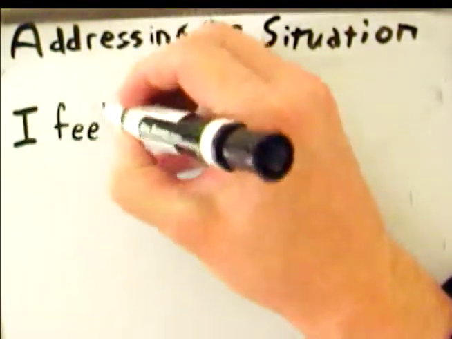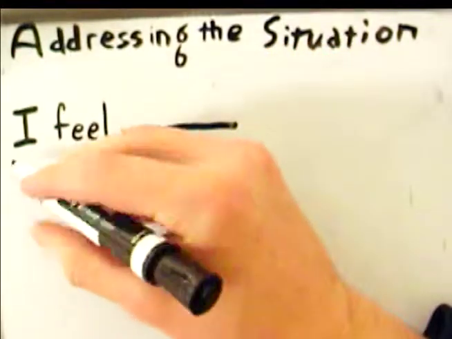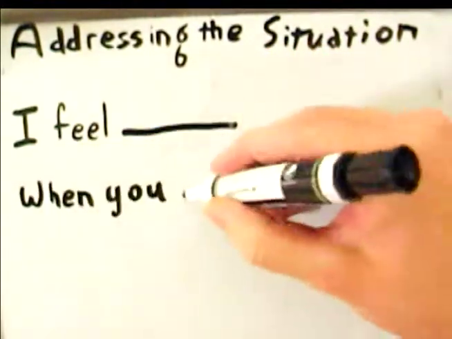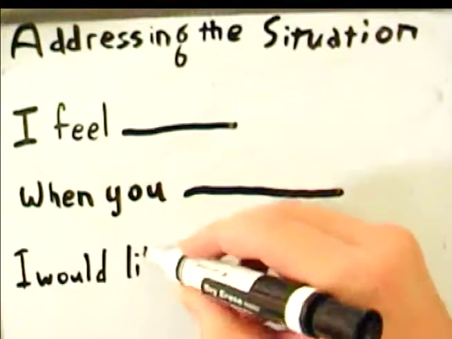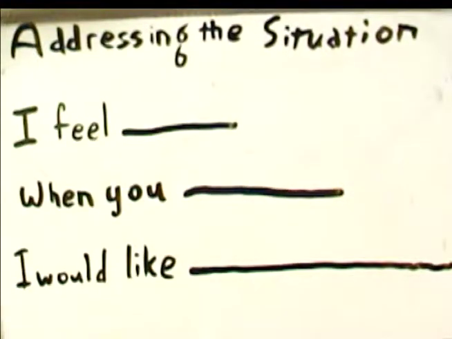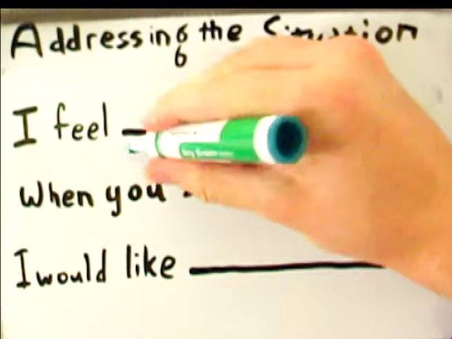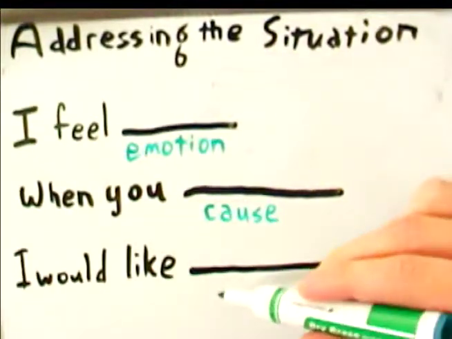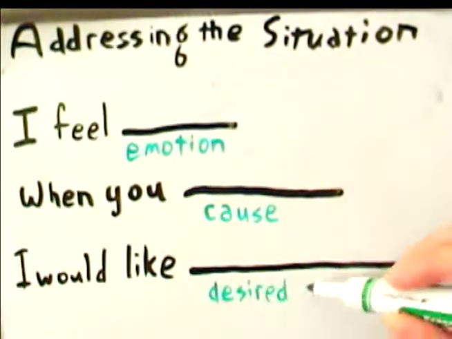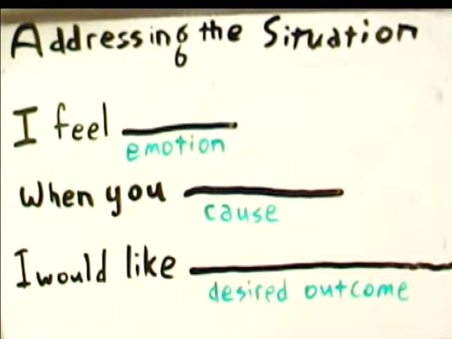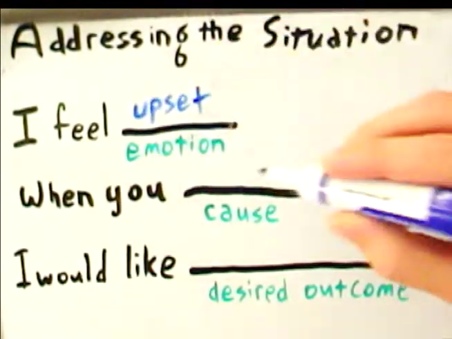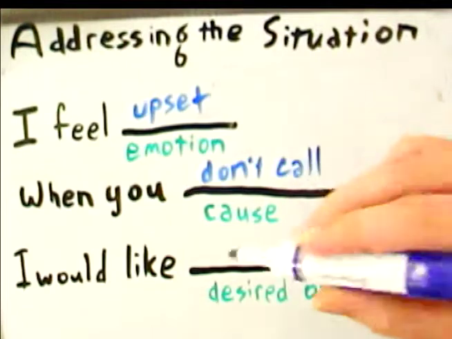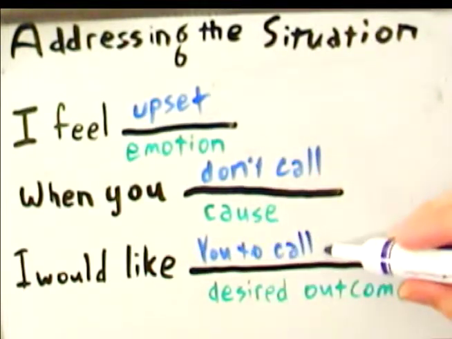So we want to use: I feel blank, when you blank, and I would like blank. You can insert any sort of situation into an I feel statement. That way you're able to address your needs in an assertive way with the other person that you want to work with. For example, you would say, I feel upset when you don't call me after work. I would like you to call me so that I know that you're safe.